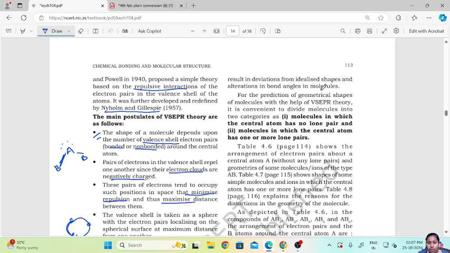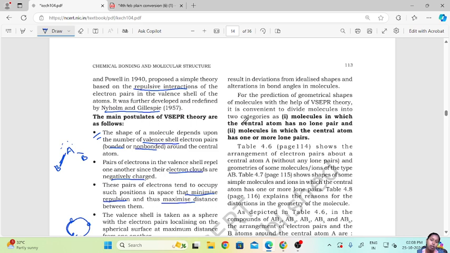For prediction of geometric shapes of molecules with the help of VSEPR theory, it is convenient to divide molecules into two categories. So to conveniently arrange or understand the geometrical shapes of molecules using VSEPR theory, it is better if we divide the molecules into two categories.